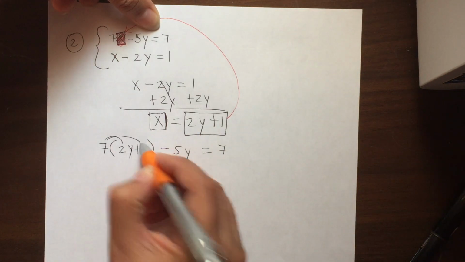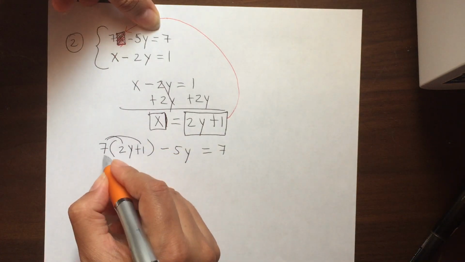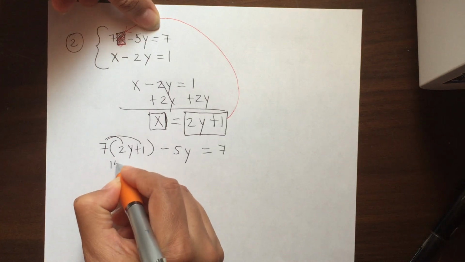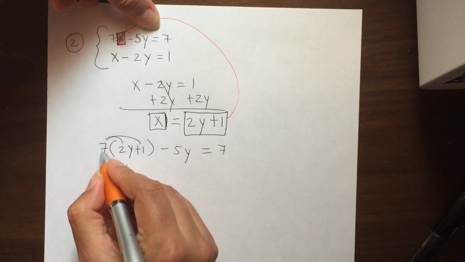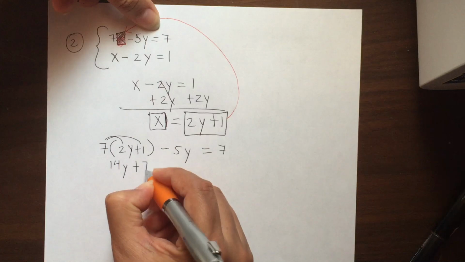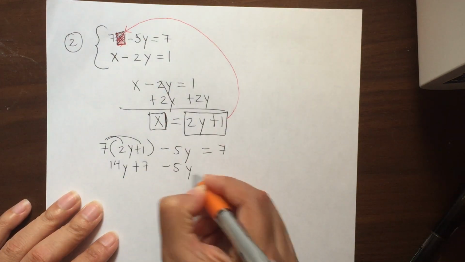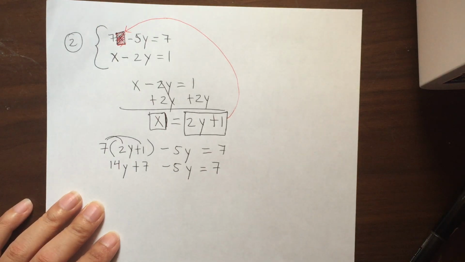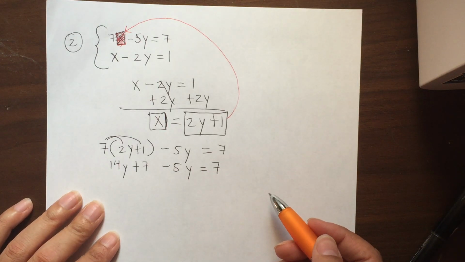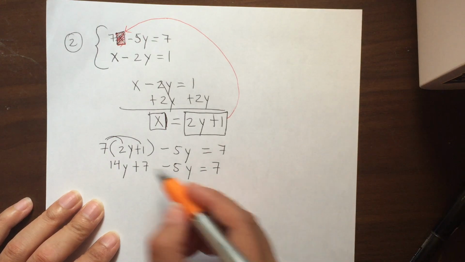The next step is distributive property. So 7 times 2y is 14y. 7 times 1 is 7. I bring down the rest as it is. The next step, if you remember, is combine like terms.